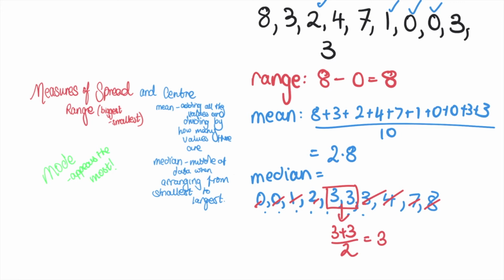Done. I'll show you a situation where you don't have 2 numbers in the middle at a later time. And then the mode is the one that appears the most. Which number appears the most in that list? It's 3. It appears 3 times. Done. You just found the range, mean, median, and mode.